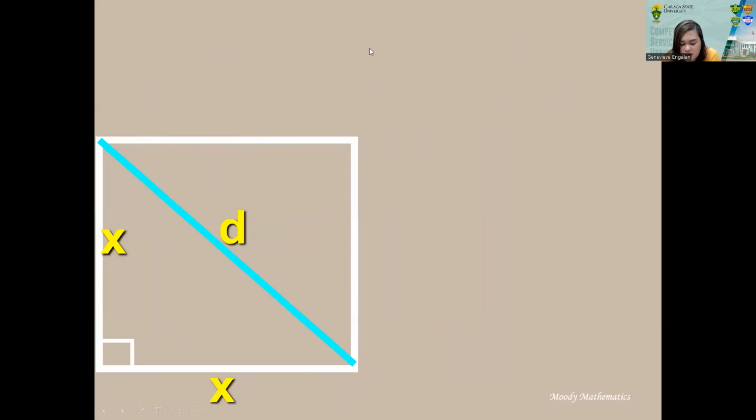A squared plus B squared equals C squared. So, kinsa man ang A squared ug B squared dira? Ang kanang duha ka X po. Okay, duha ka x. So, you have x squared plus x squared is equal to d squared. Or simplifying, you have 2x squared is equal to d squared.